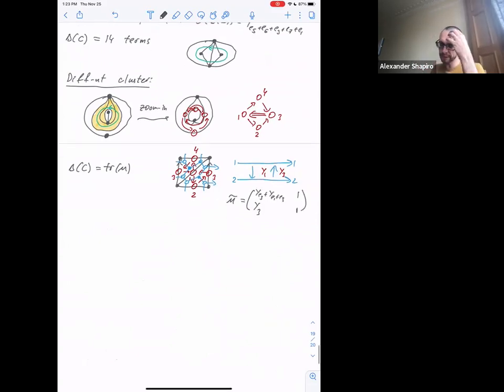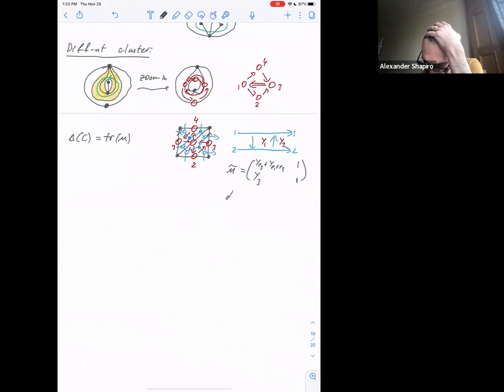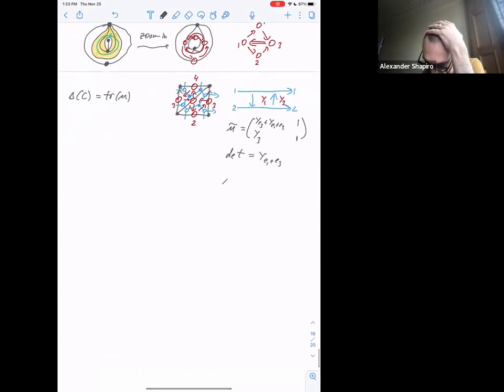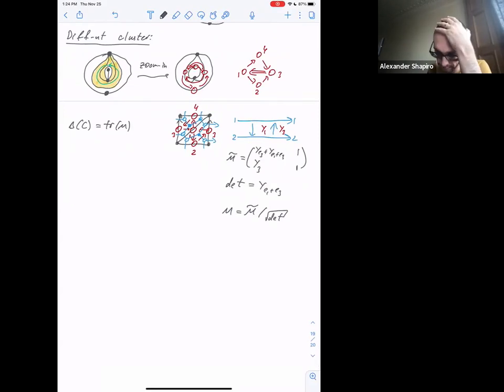Right, but unfortunately, this matrix we still need to normalize. So the determinant of this M tilde is y e1 plus e3, and so we need to divide by the square root of the determinant. So M, the real monodromy, is M tilde divided by the square root of the determinant, and therefore this trace, when we divide, we have to subtract for all these indices 1/2 of e1 plus e3.